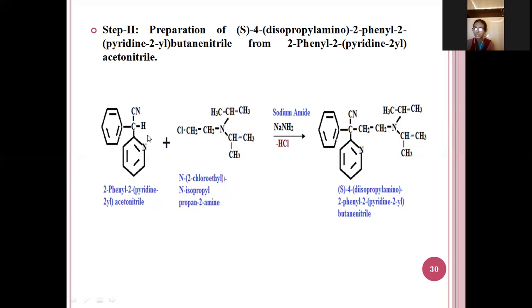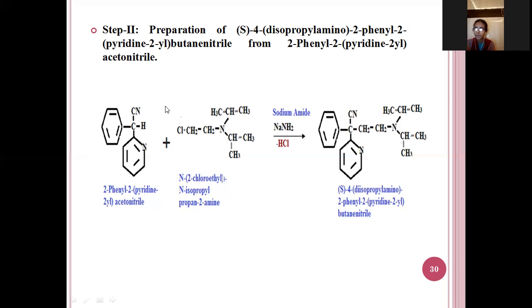In the second step, 2-phenyl 2-pyridine 2-yl acetonitrile is reacted with N-2-chloroethyl isopropyl propane 2-amine in presence of sodium amide, and the hydrochloric acid is eliminated.